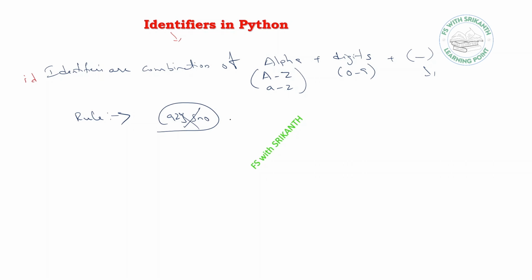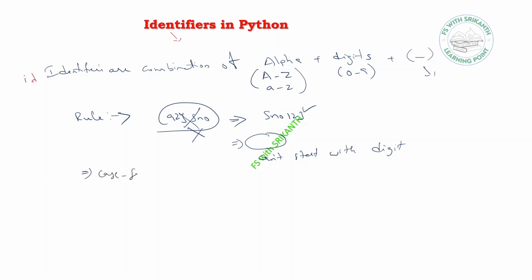If you want to add a digit in your variable, you should go with something like serial number 123. That is allowed, and the other is not allowed. A variable name cannot start with a digit.